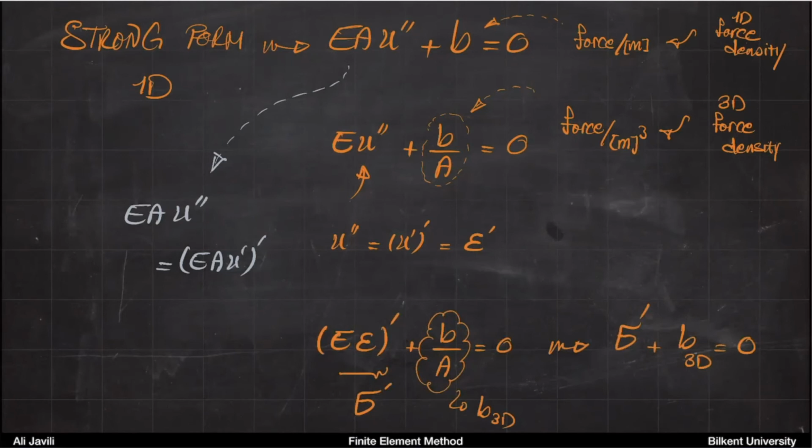It's still 1D, by the way, but I'm trying to give you a different taste of that strong form. So it's sigma prime, the derivative of stress, plus body force density is 0.